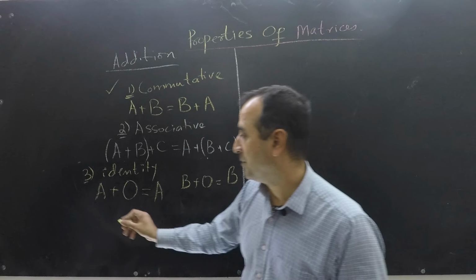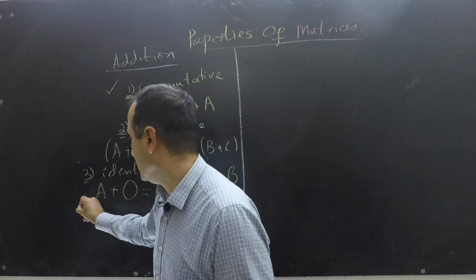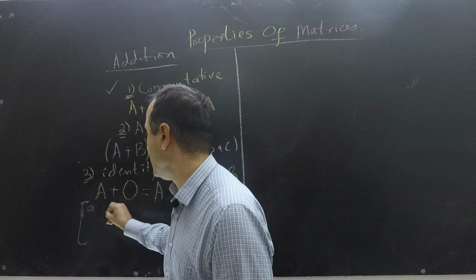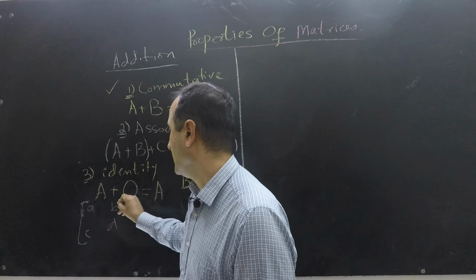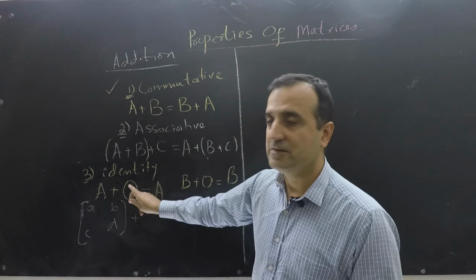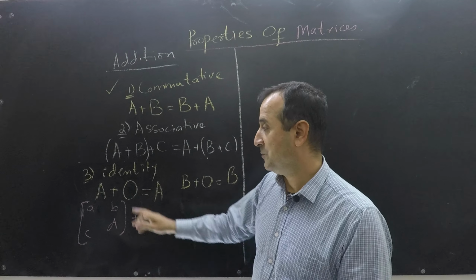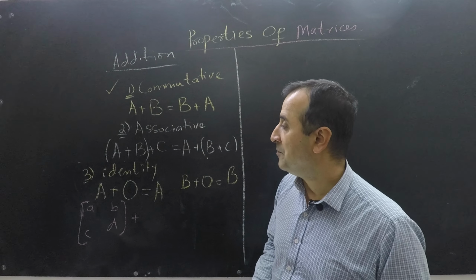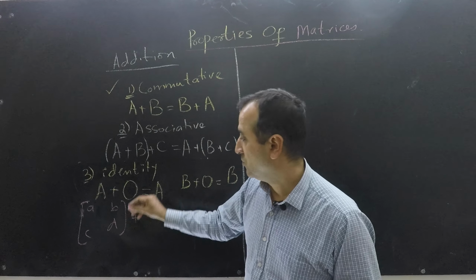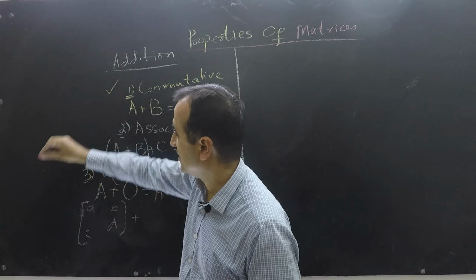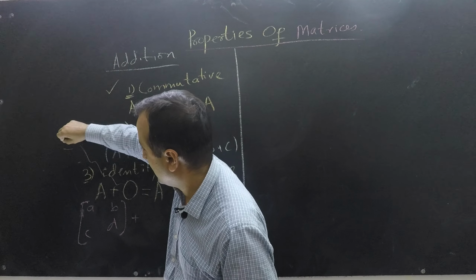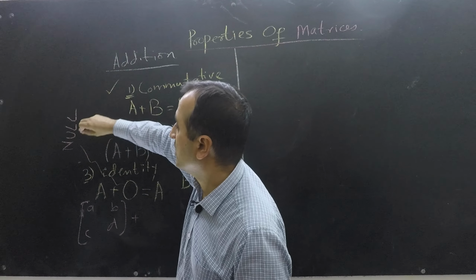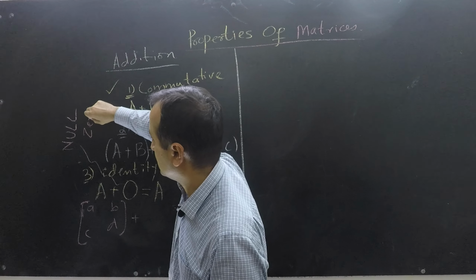So assume that my matrix A is A, B, C, D. And the O matrix has a special name. Its name is null matrix, or zero matrix.